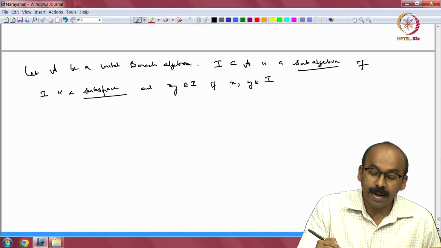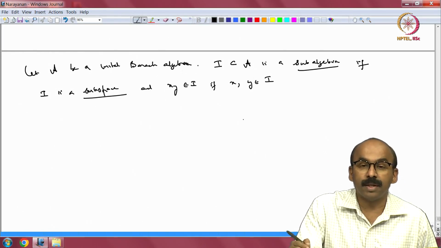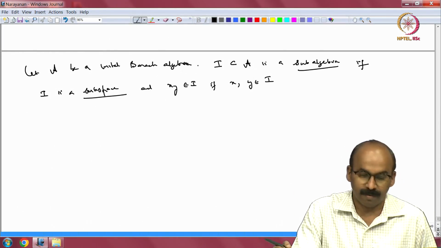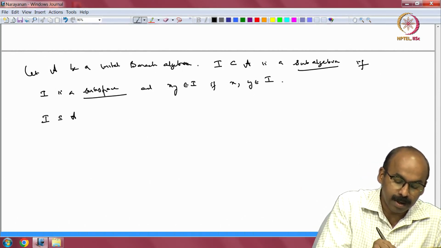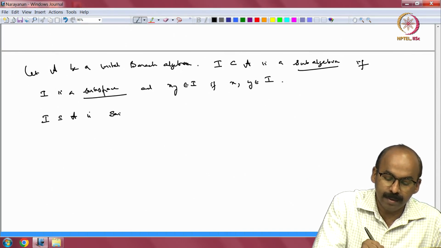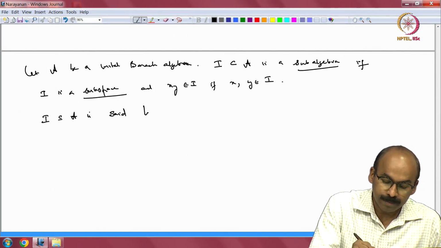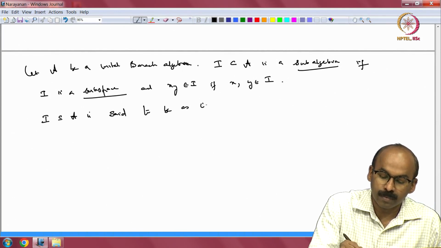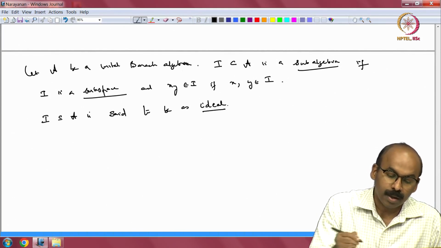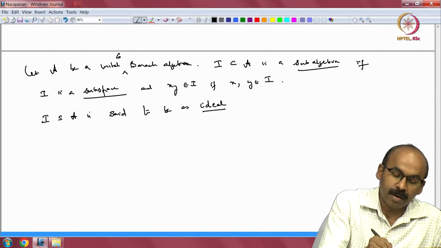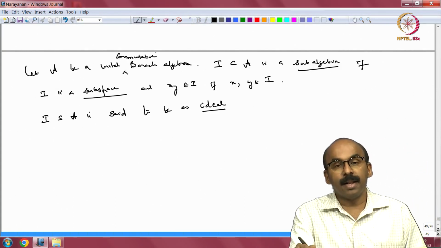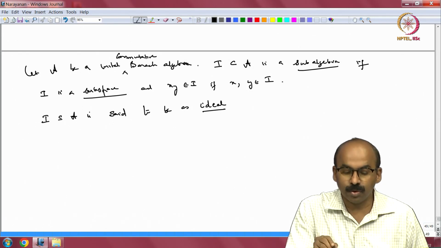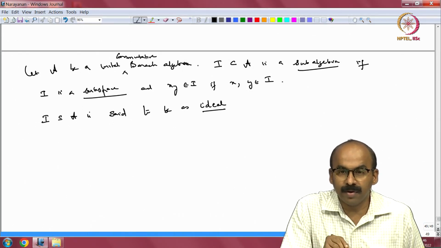Now, an ideal is a subalgebra which is closed under multiplication by things from A itself, right. Here we remember that we have commutativity, otherwise I have to define right ideal, left ideal and so on. Since we are assuming commutativity, it does not matter.